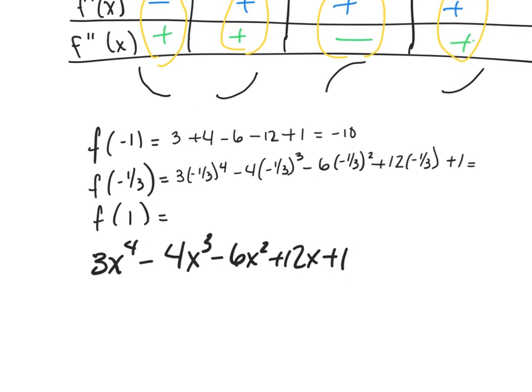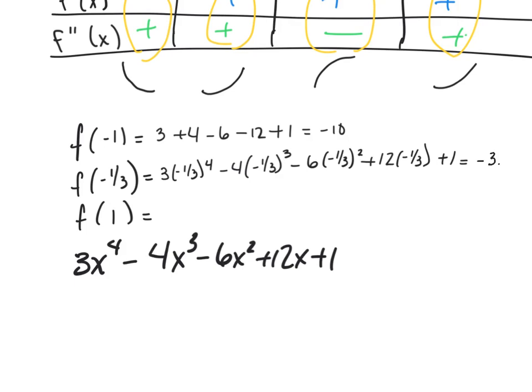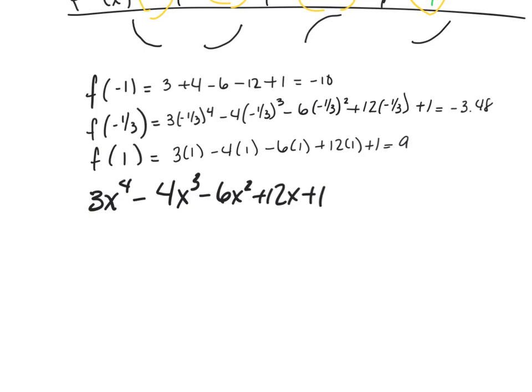And I get about -3.48 approximately. And then 3 multiplied by 1 minus 4 multiplied by 1 minus 6 multiplied by 1 plus 12 multiplied by 1 plus 1. And I get 9. So the ordered pairs that I have are -1, -10. And then I also have -1/3, -3.48. And then the last one I get is 1, 9.